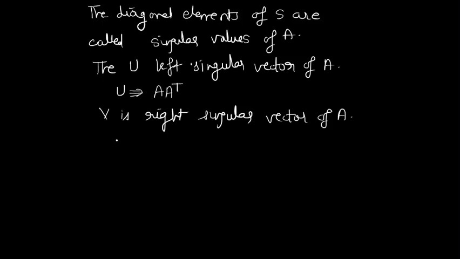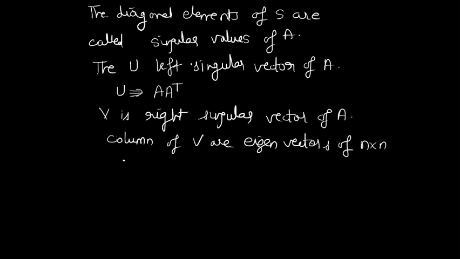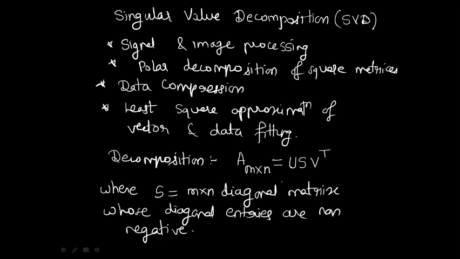The columns of V are the eigenvectors of the n by n symmetric matrix, which is orthogonal, that is A transpose into A. So the equation A equals U S V transpose is called the singular value decomposition of any matrix A.